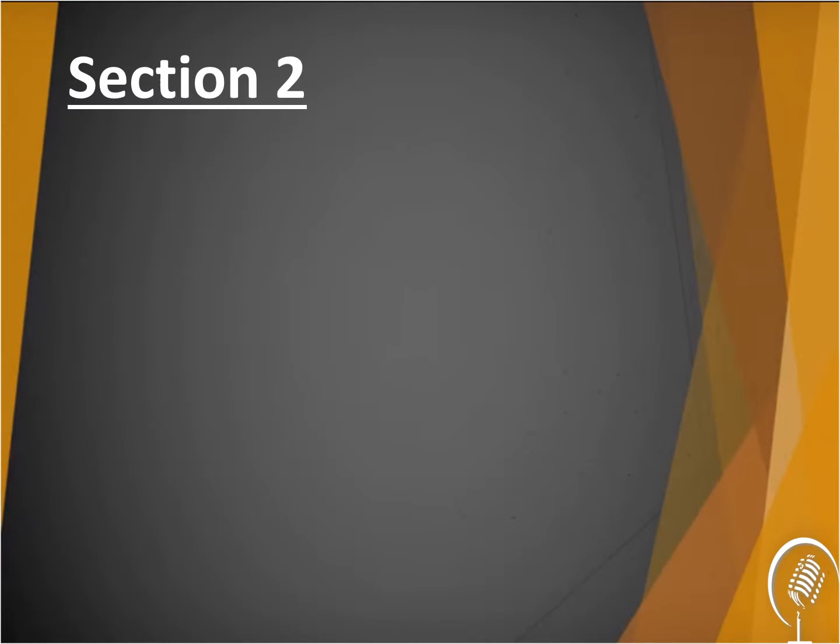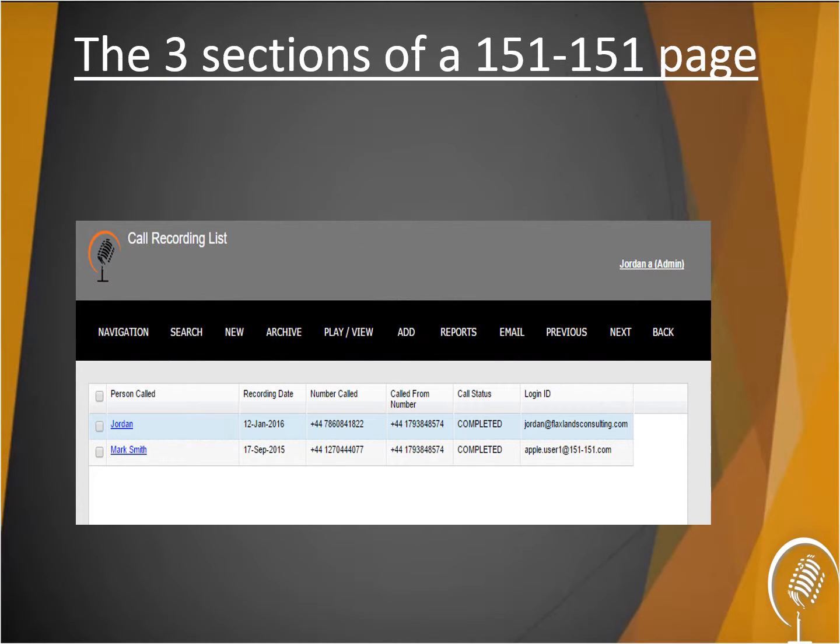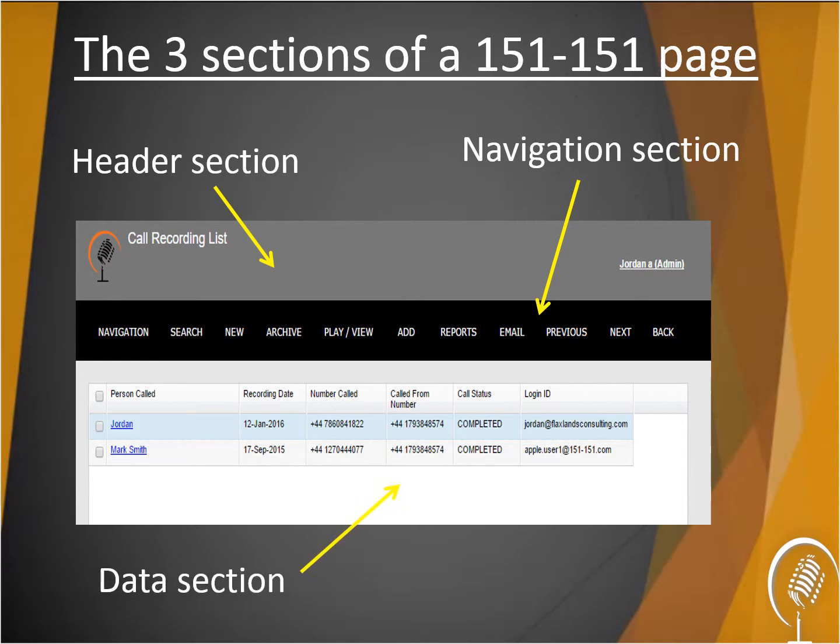Section 2. The 151 page layout and how to navigate between the different pages and tabs. For consistency and ease of navigation, all 151 screens are always divided into three sections: the header section, the navigation section, and the data section.